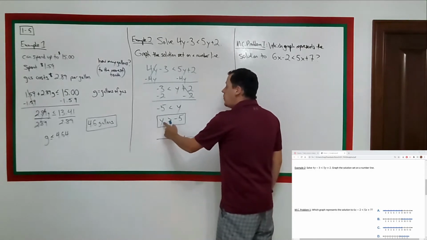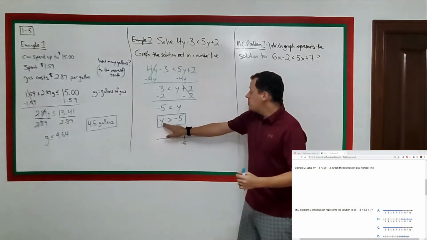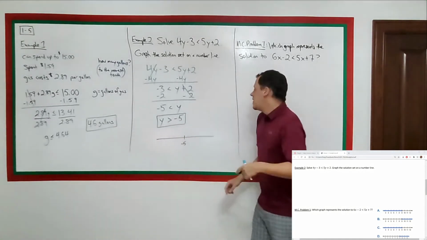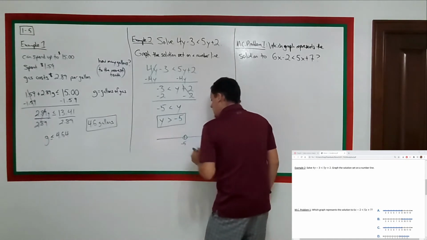Now, we want to show on this number line all the different numbers that we can plug in for y that make this inequality true. It's more than just one. So, at -5, since that's the number that's here, we're going to put a circle here.